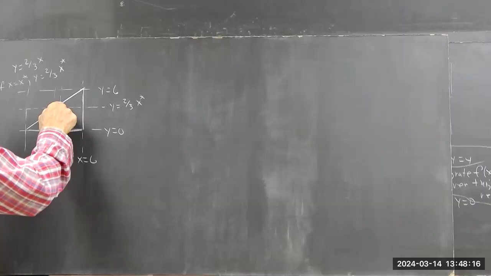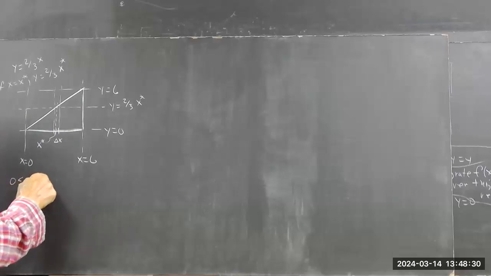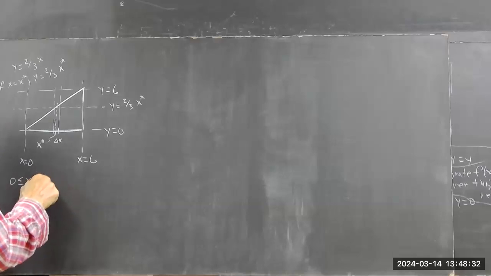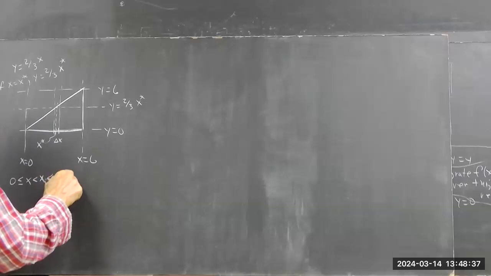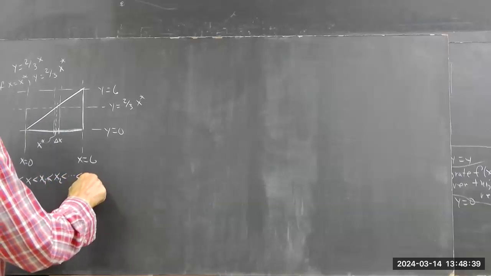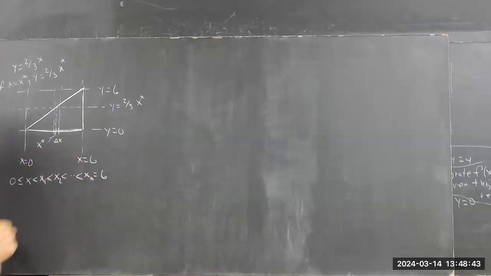So I partition with X from 0 to 2/3 X star. First of all, our X strips will go from 0 to 6. And then our Y strips.